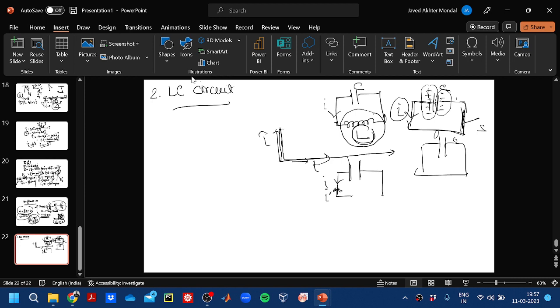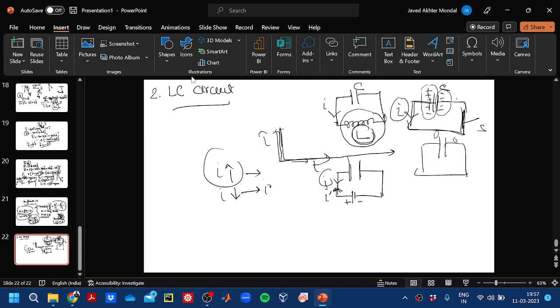We can effectively think of the inductor like this, plus minus, and there will be current in the backward direction to oppose the increase of current. So if I is increasing, inductance tries to oppose the increase of it, and similarly whenever I is decreasing, inductance will try to support the current. That means it will increase the current flow.